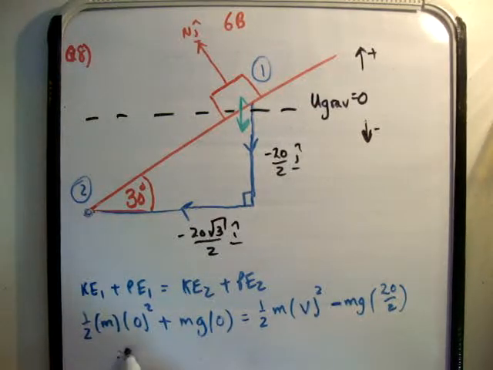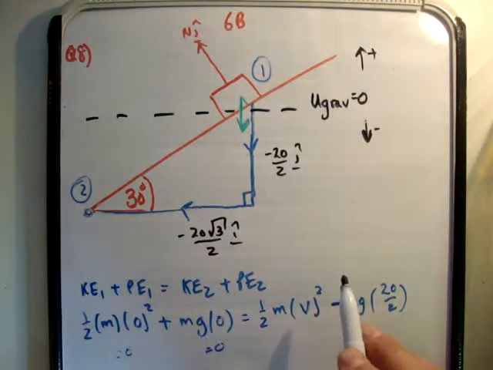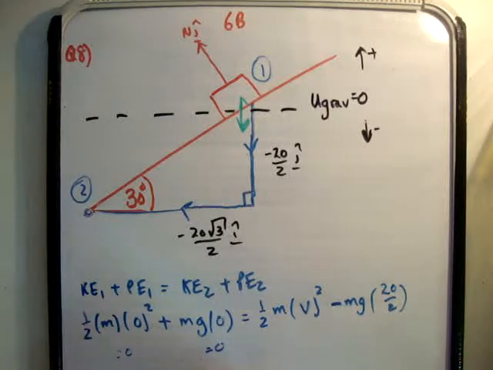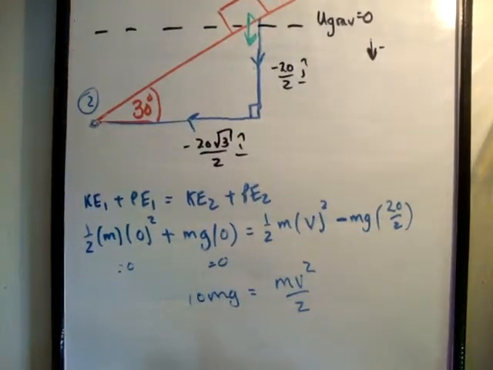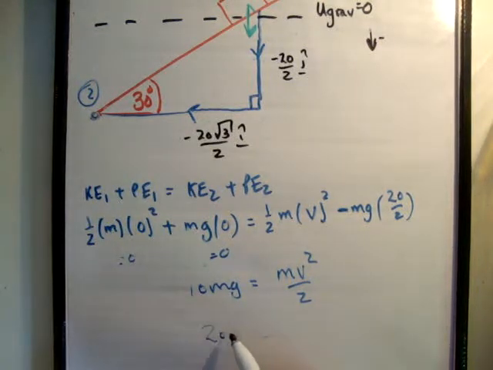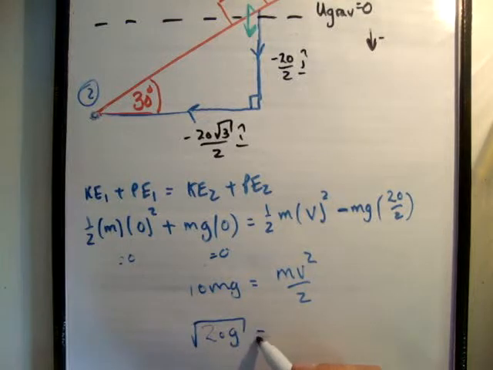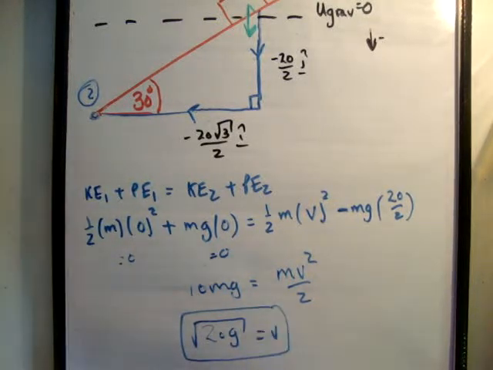So this is 0, so is this, and if we move this component over, we get that 10 mg is equal to mv squared over 2. So we get the square root of 20g is equal to v, which is something we've seen plenty of times at this stage.